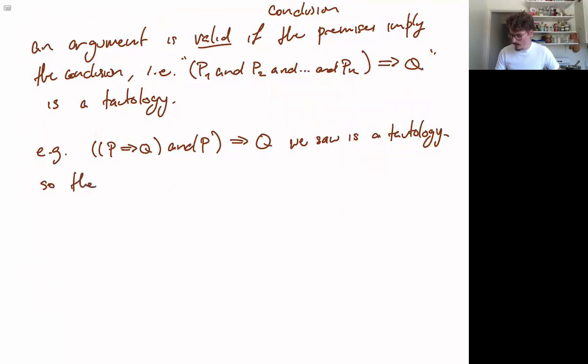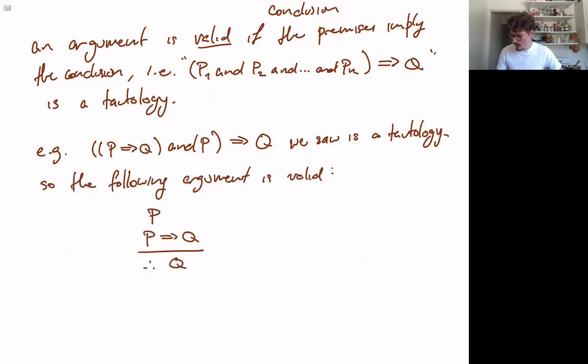We can sort of reform that into a valid form of argument. So our premises are P, and P implies Q, and our conclusion is Q.